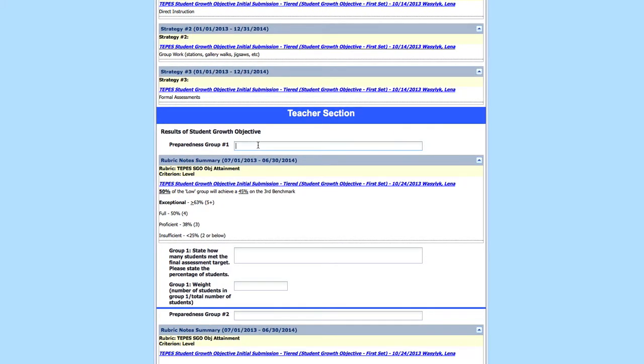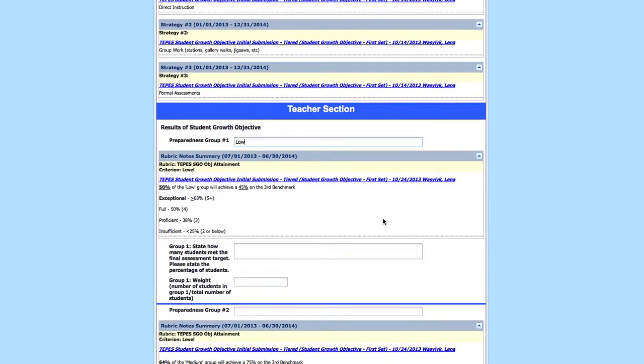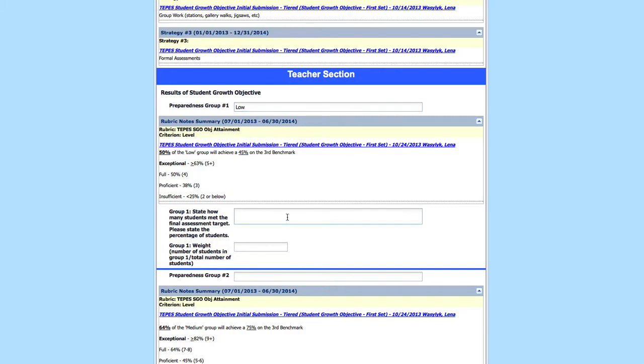So the preparedness group 1, most people would probably have this as the low group. So you'll type in low. Now, you have to state how many students met the final assessment target, and please state the percentage of students.